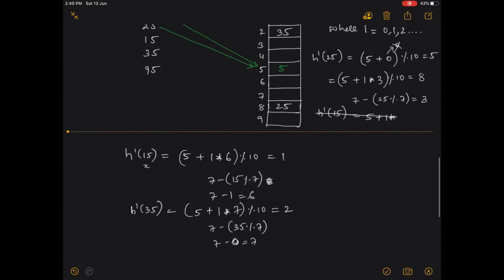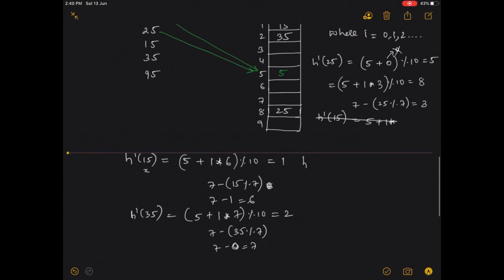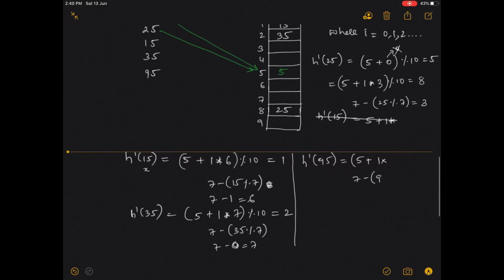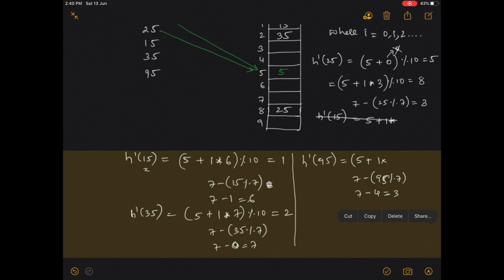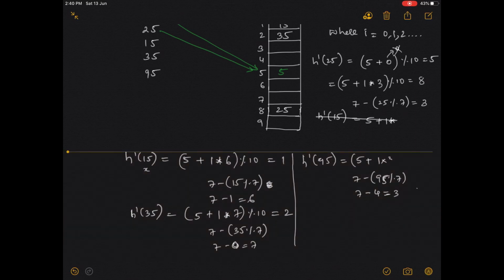So similarly, h'(95) is the remaining one. 95 mod 10 is again 5 plus 1 into 7 minus 95 mod 7, which is nothing but 7 minus 4, equal to 3. 95 mod 7 is actually 4; you can use the calculator, and then we get 3 here.